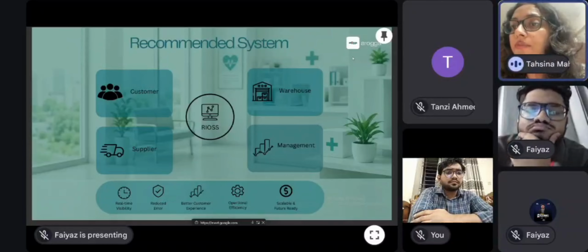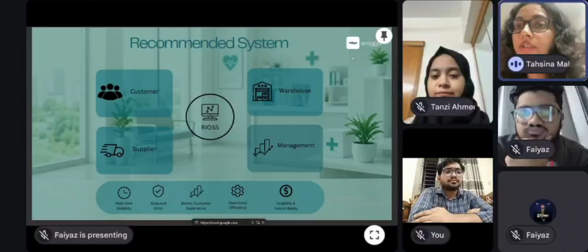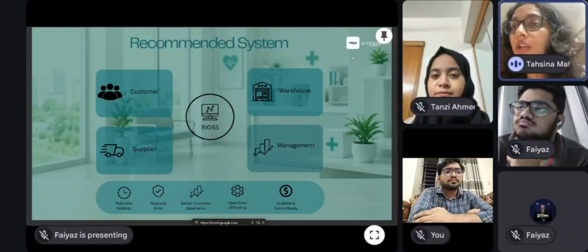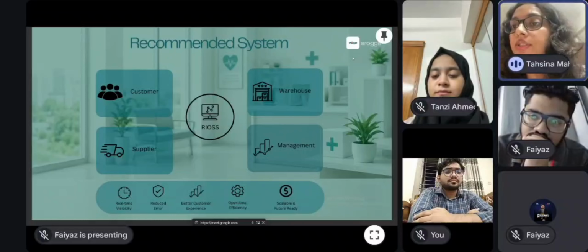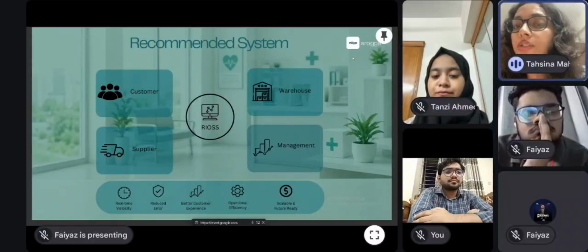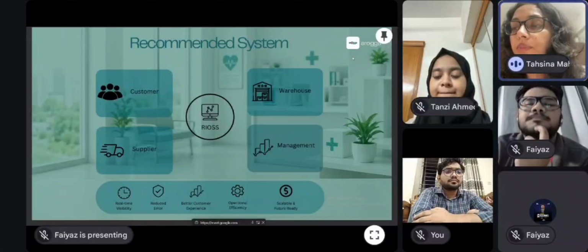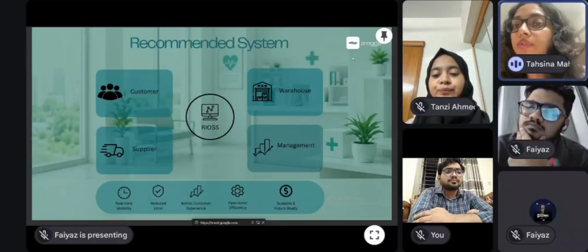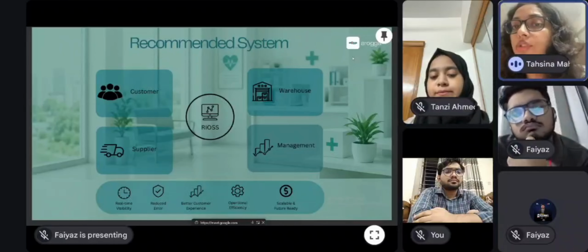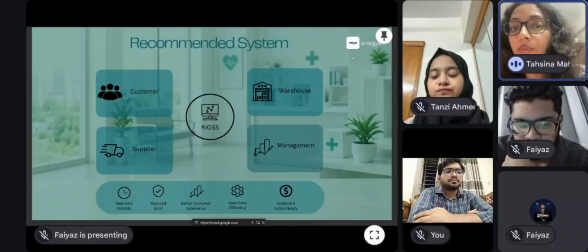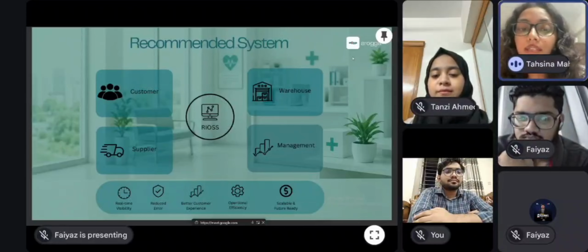The expected benefits include real-time visibility, fewer errors, better customer experience, improved efficiency, and future scalability. The main purpose of RIOS is integration, connecting information that may otherwise remain separated between departments. This can help Arogga improve its current operations and build a stronger foundation for future growth. Thank you, that is from my side, and my next teammate will continue the rest.